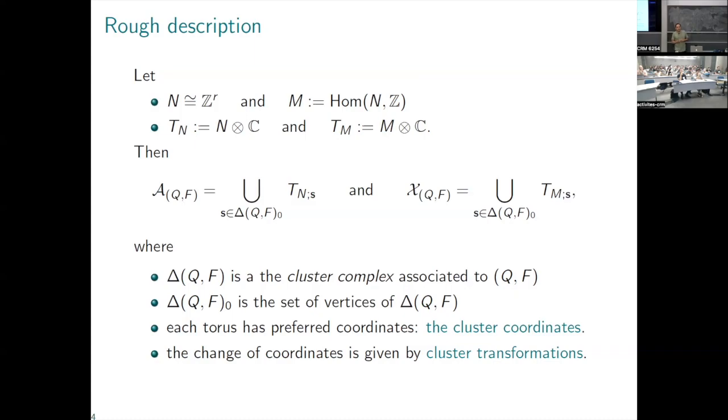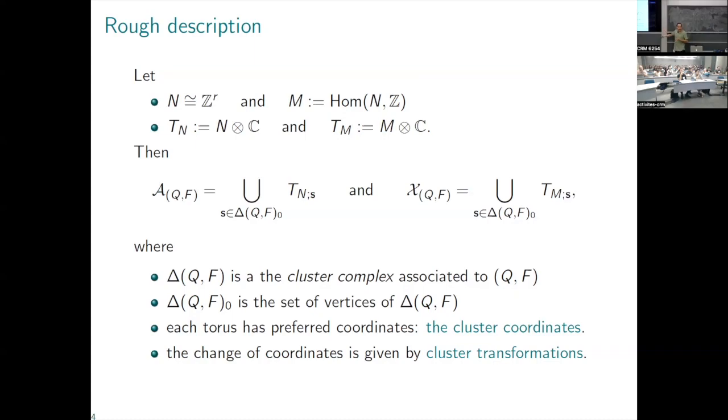I'll give an example in a second. Each torus has a preferred set of coordinates, called the cluster coordinates. For instance, in the variety A, these are related to the cluster variables. The way these tori glue together is also very precise: the change of coordinates is given by the cluster transformations, which are a very specific class of birational maps between tori.